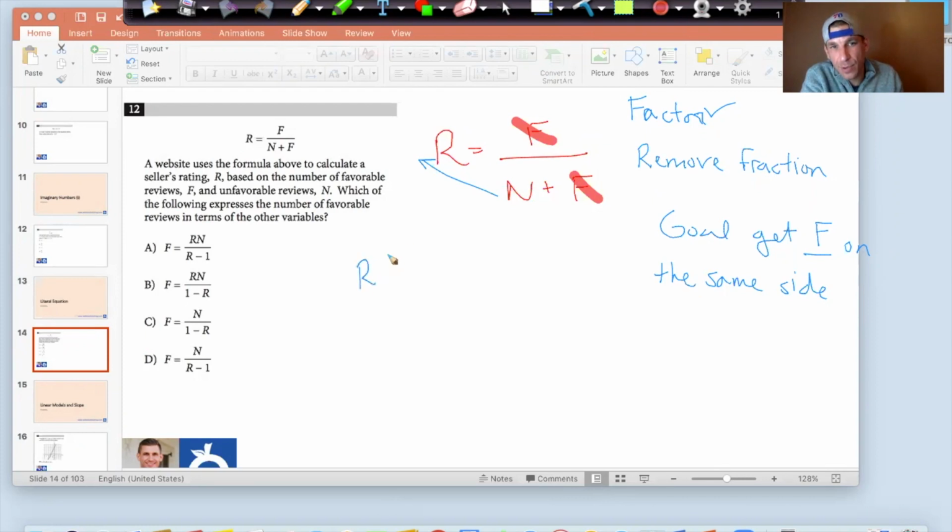And here's what I mean. I'm going to multiply both sides by n plus f, and this becomes r times n plus f equals f. Now, I'm purposely going to distribute here, so I get Rn plus Rf equals f. Now, I want to get f on one side, so I'm going to bring this over here and subtract it. So this becomes minus Rf, which over here becomes minus Rf.